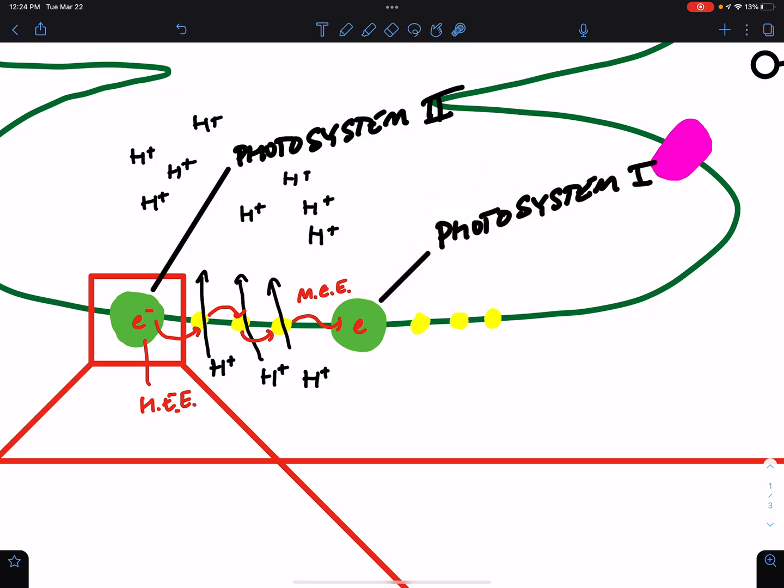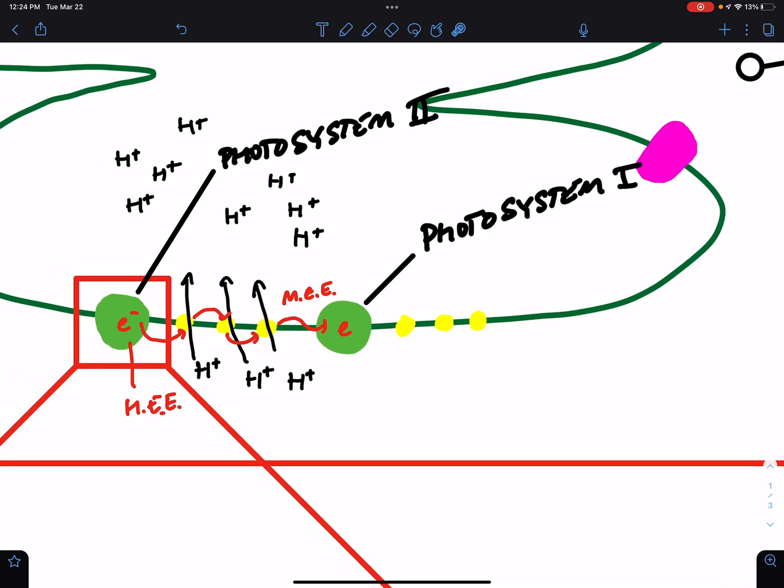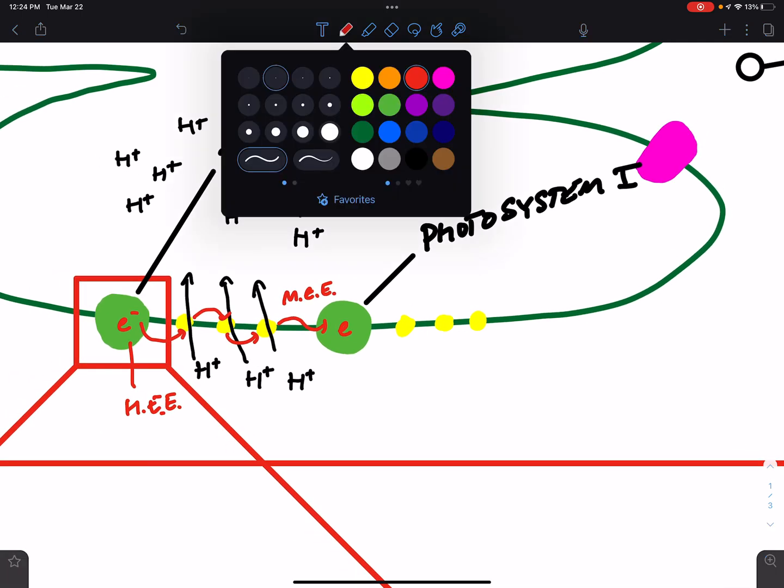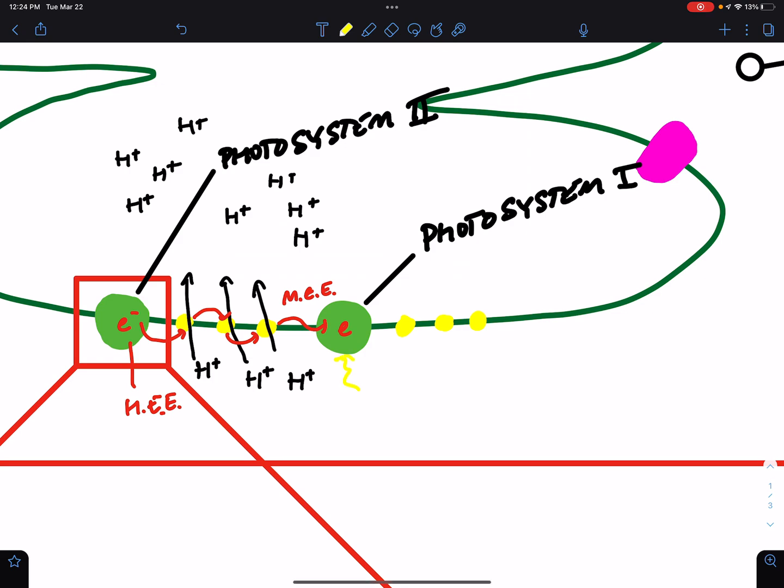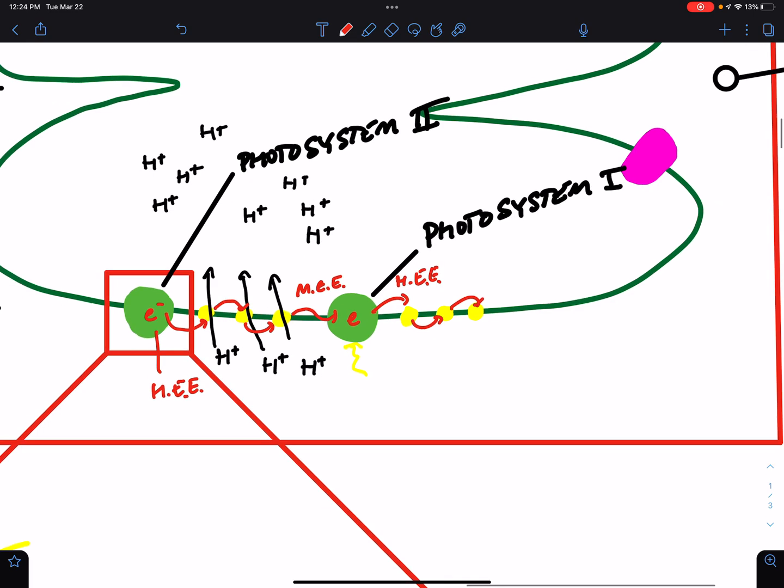is actually second in the chain, super annoying, and it is re-excited by light energy, and it kicks out another high energy electron, which is then passed down an electron transport chain.